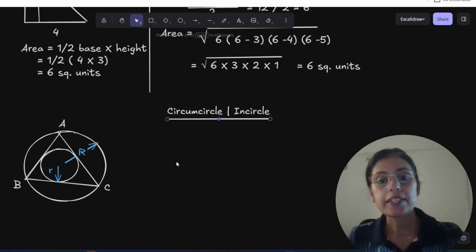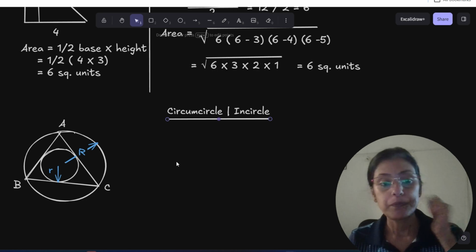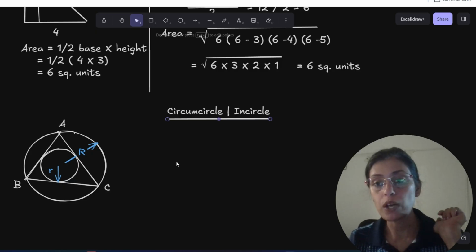So the next concept is circumcircle and incircle. Okay. So when we started the chapter on circles in the very first video, I had explained what a circumcircle is. So there we have learned very well in detail how we find out the center of a circle if we have 3 points which have been given to us, three non-collinear points.